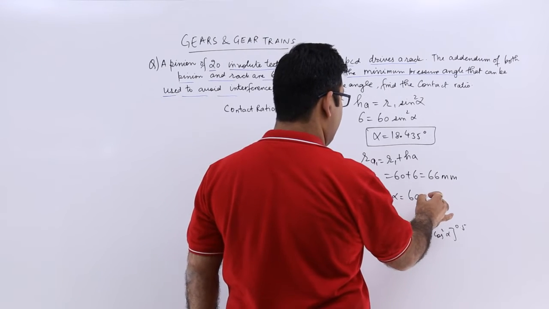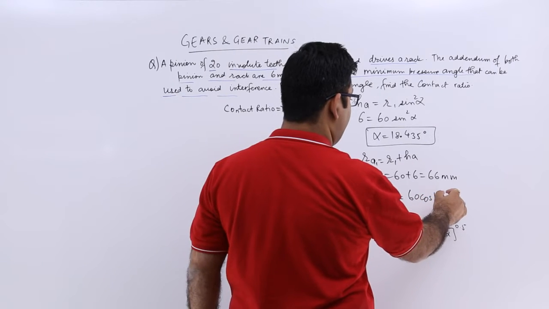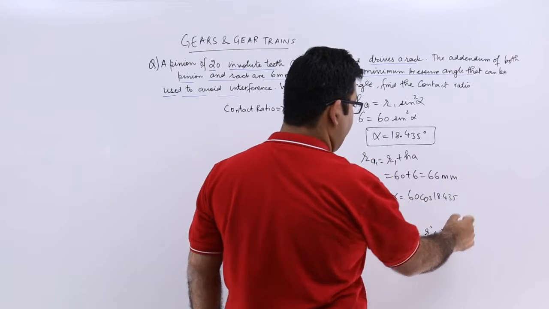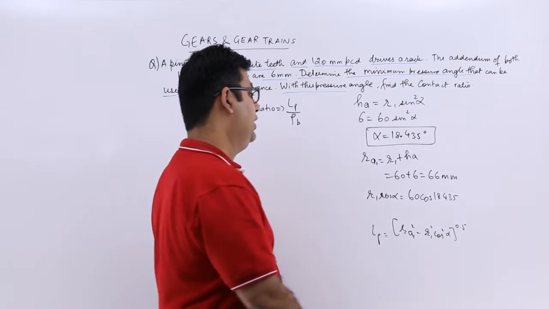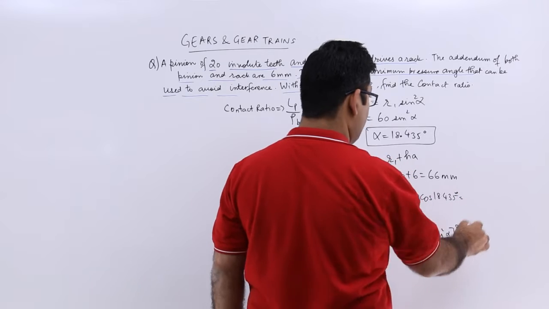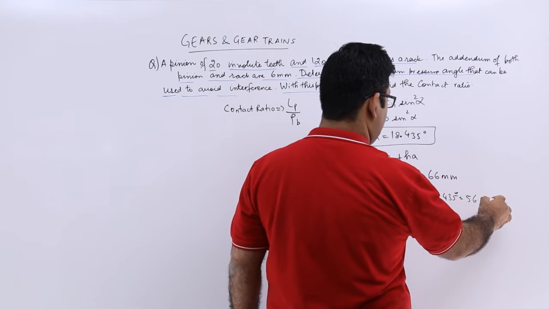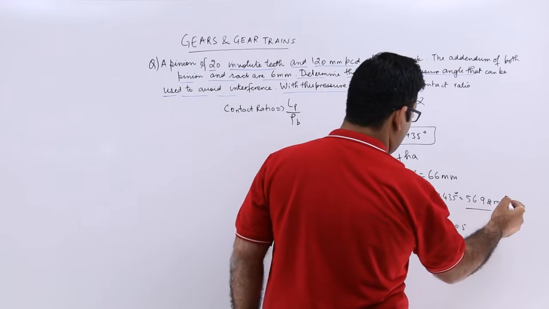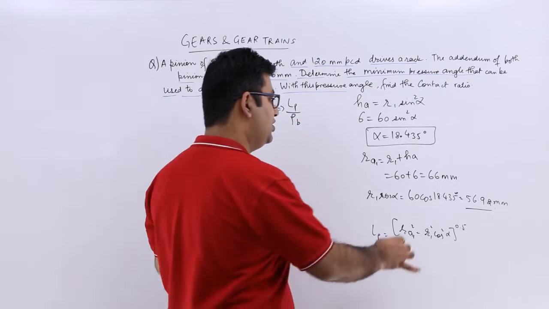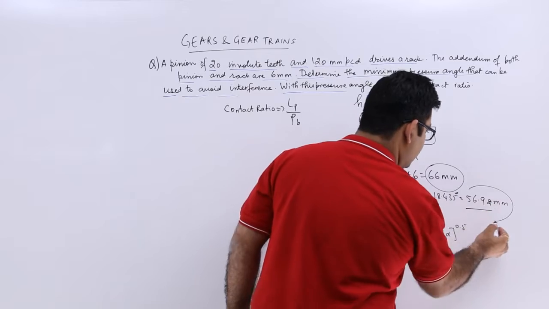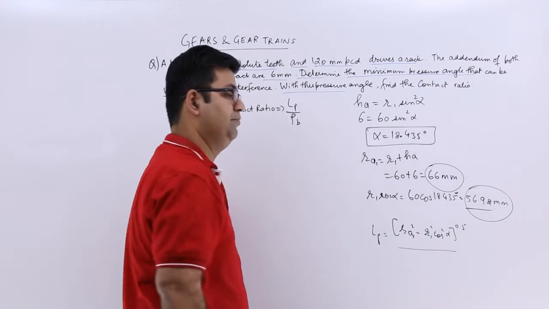So this becomes 60 into cos of 18.435 degrees. So this would result in a value which is 56.92 millimeters. So you use this value and you use this value to put in this formula.